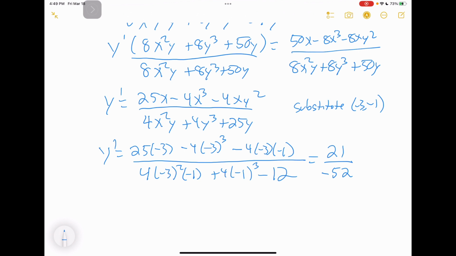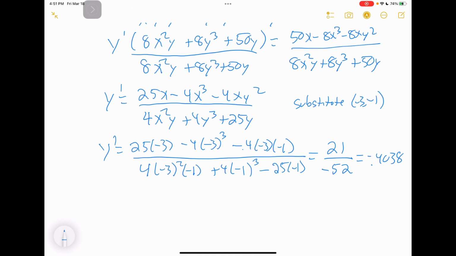So if I divide, 21 divided by -52, I get -0.4038. Okay, I saw an error here. I transposed the numbers from the numerator to the denominator, so it should be a plus 25 times -1.